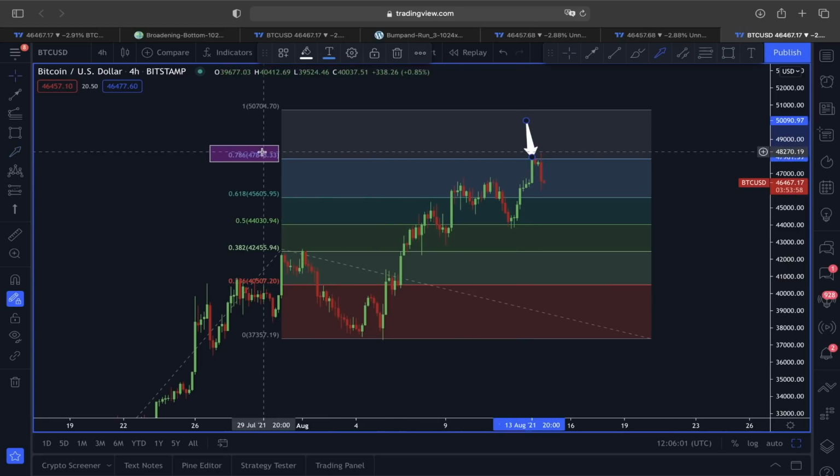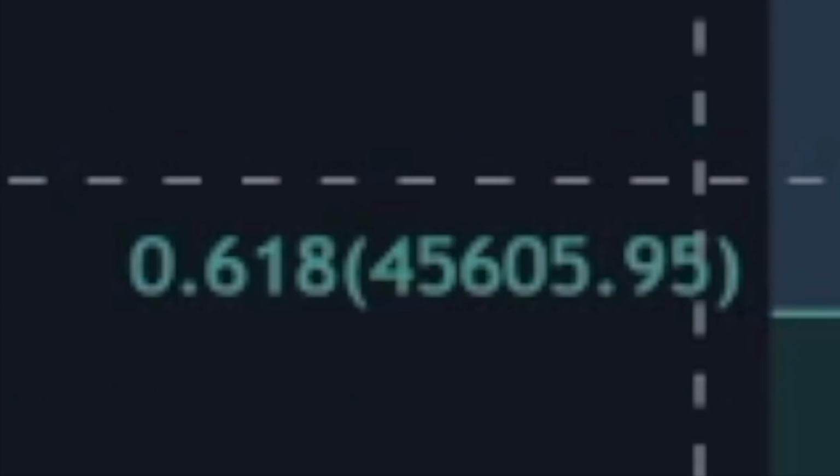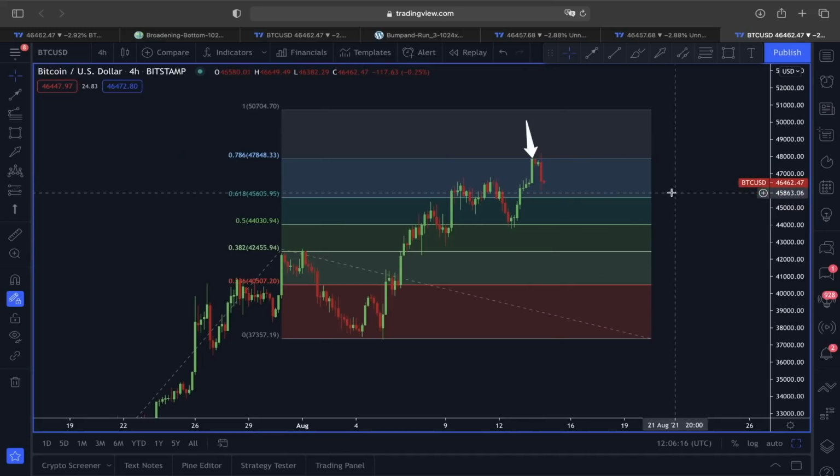So for any sort of price pullback in a shorter time frame, we are clearly aware that this 0.618 is going to be one strong line of support around the 45,500 to 45,600 area. So right now, what I am actually expecting is this price movement to follow here in this manner.